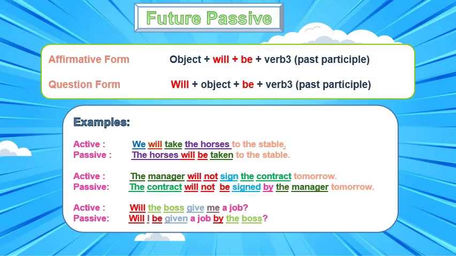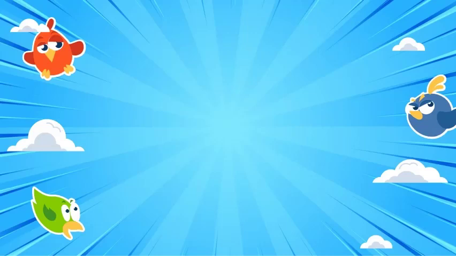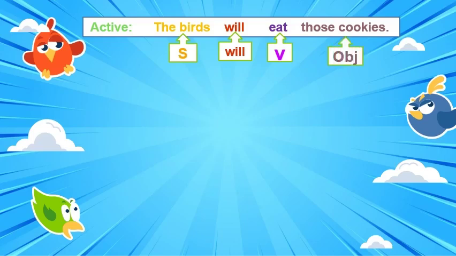Let's move here to some questions of this part. But at first, I will start with the object. Okay, with this question. Active. The bird will eat the cookies. The bird here is the subject, will is the future, eat is the verb, the cookies is the object. So where is the object? Cookies. I will start with cookies. So the cookies will be eaten by who?